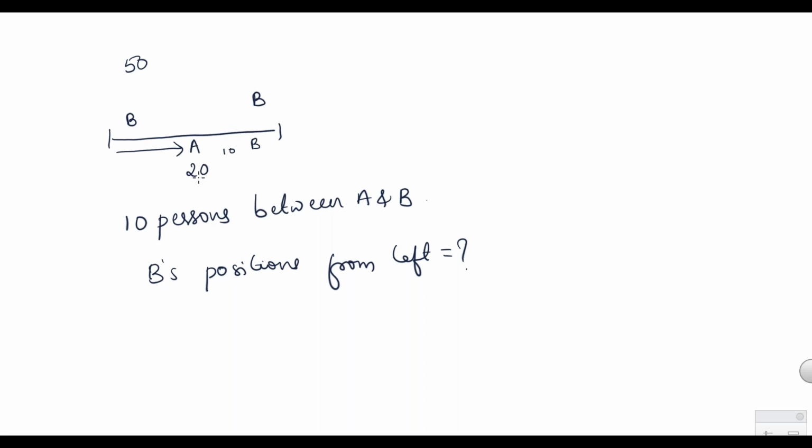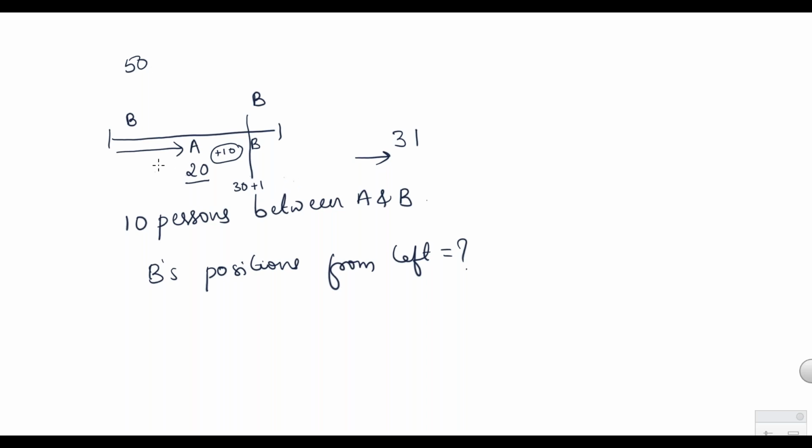Now 20 plus 10 means I'm adding A plus these people who are in the middle of A and B. Up to here, I get 30 people. Now to get B's position, I have to take plus 1. So that is 30 plus 1. So there is a possibility B can be the 31st person from the left hand.